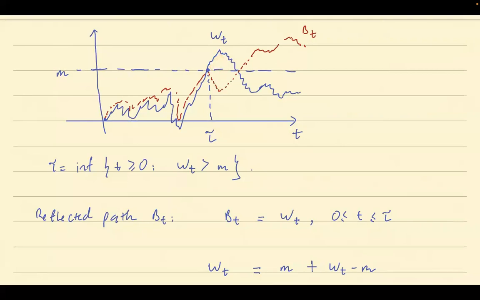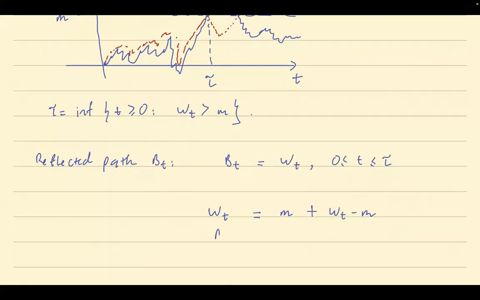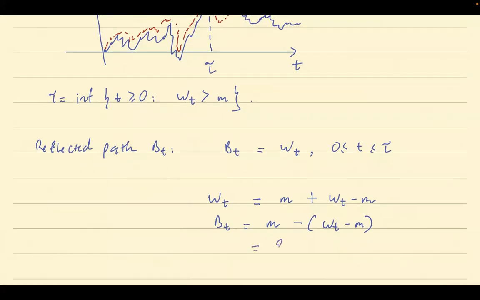So it's quite easy to see that BT then is this: start at this level, but instead of adding, we subtract. You understand? So it will be 2M minus WT, but this only after that time. Are we clear on this?